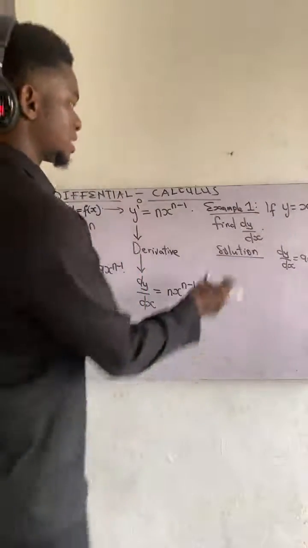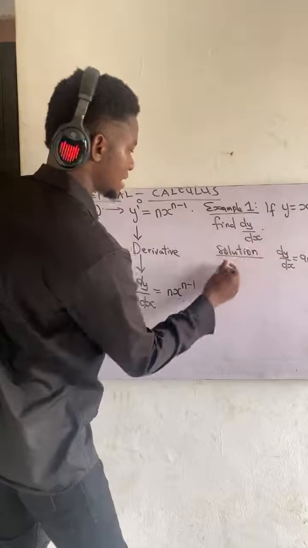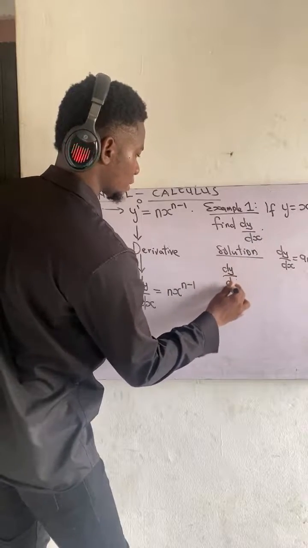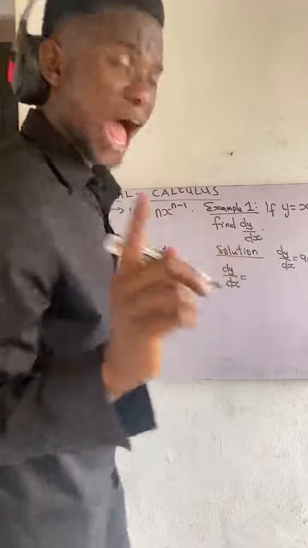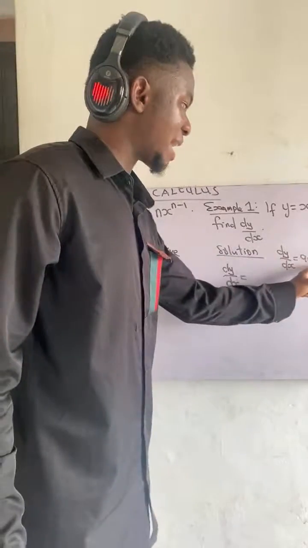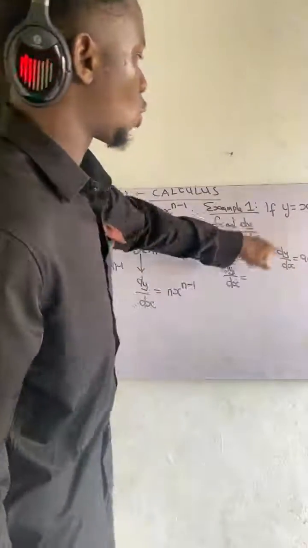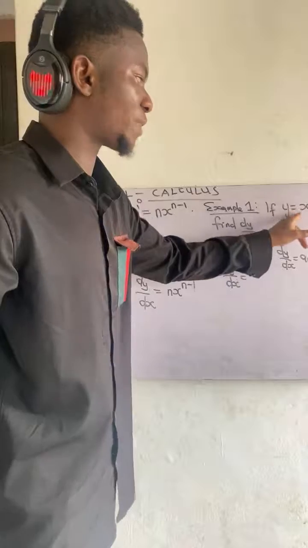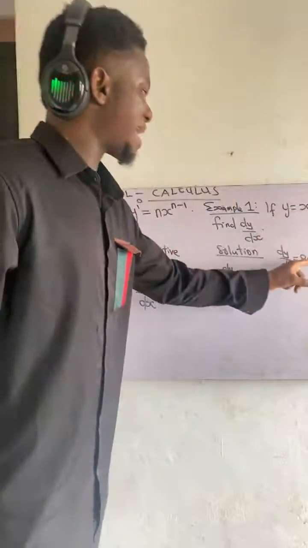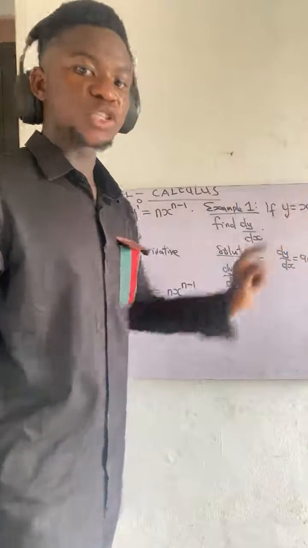So if I want to look for my dy dx here, the formula I would be using is anx raised to power n minus 1. My a is the coefficient of x here, which is 1. My n is the power of x here, which is 2.